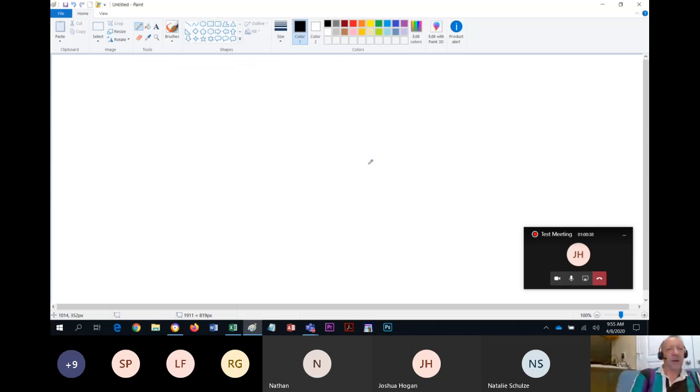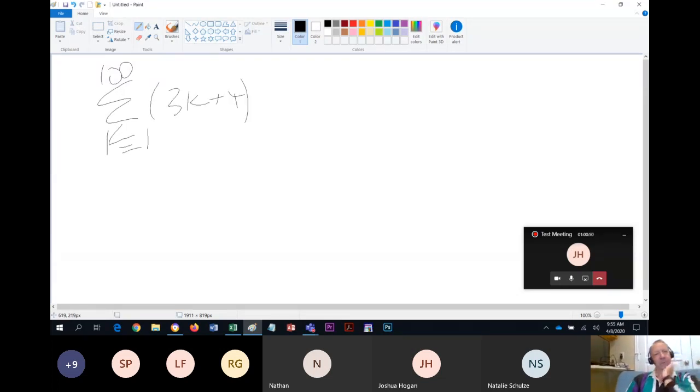Now, let's say that I wanted to find the sum from k equals 1 to 100 of the sequence 3k plus 4. Now, I could list out all 100 things and add them up, but that would take me a very, very long time.